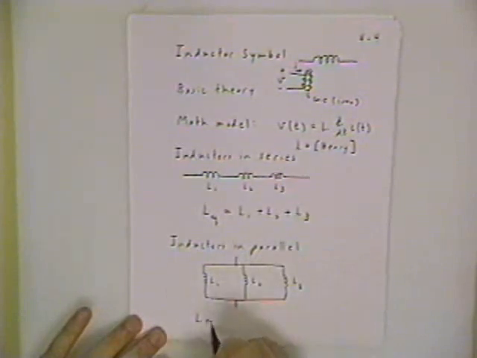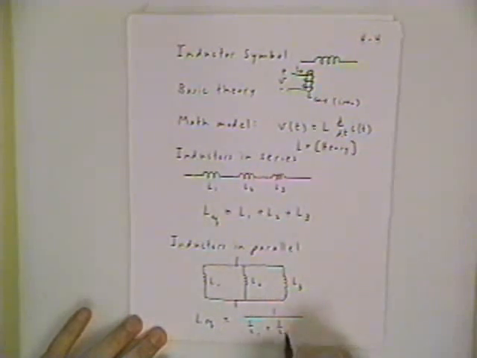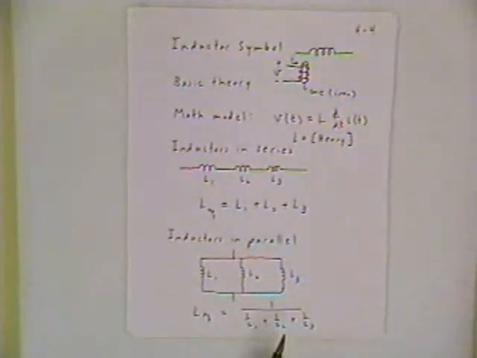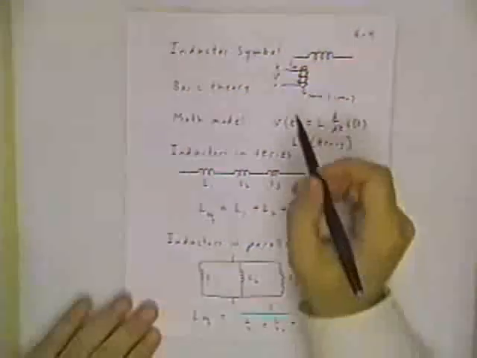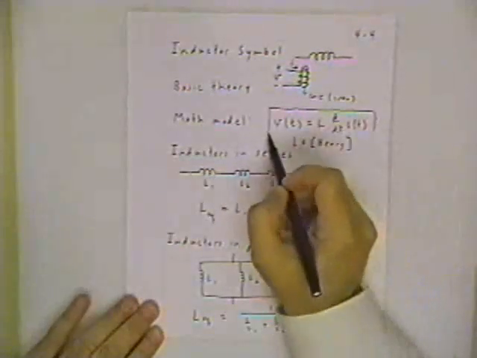My equivalent inductance here is the inverse of the sum of the inverses. And so, again, the way to remember that is to think of the inductors as analogous to resistors, but by no means is an inductor just like a resistor.